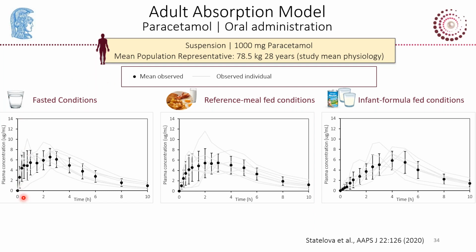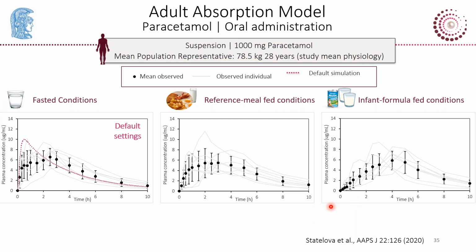In the graphs below, we can see from left to right the different dosing conditions and the observed data: starting with the fasted conditions, reference meal fed conditions, and infant formula fed conditions. With the squares, we can see the mean observed data, and the gray lines represent the observed individual data.